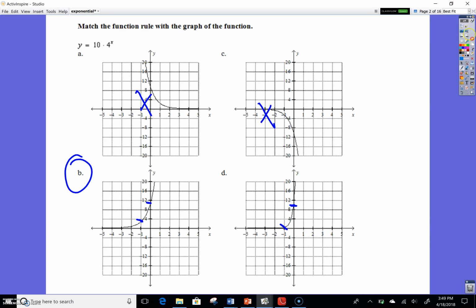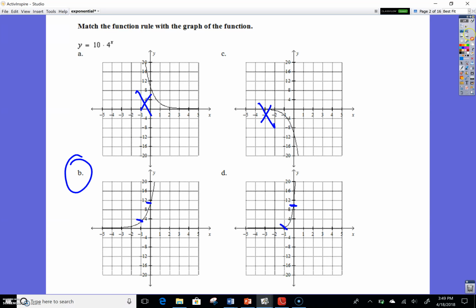Number 3, suppose growing. Remember, 4 over 100 is 0.4, right? So I'm going to use my equation, y equals a, since it's growing, 1 plus 0.4, to the x power.